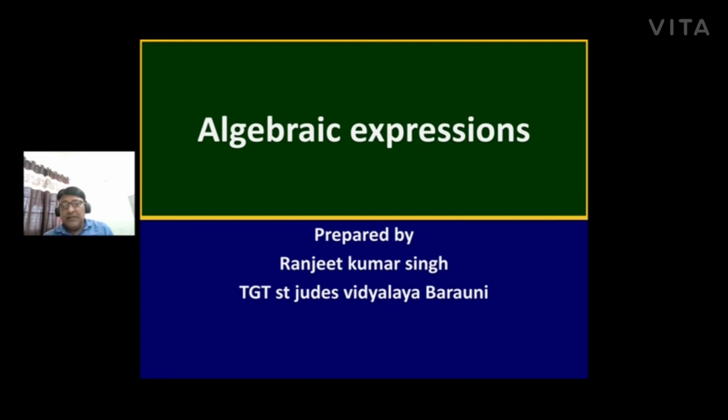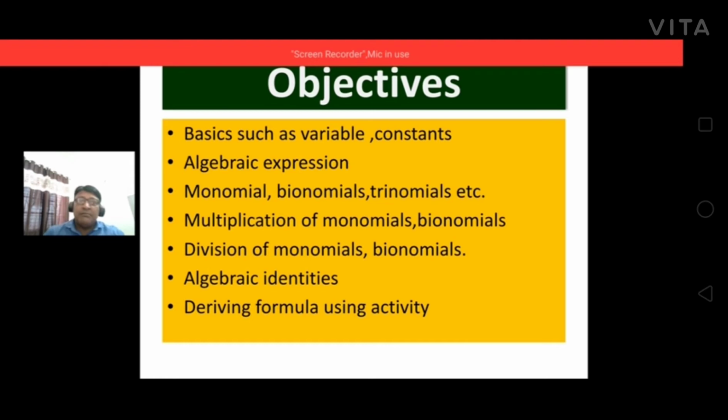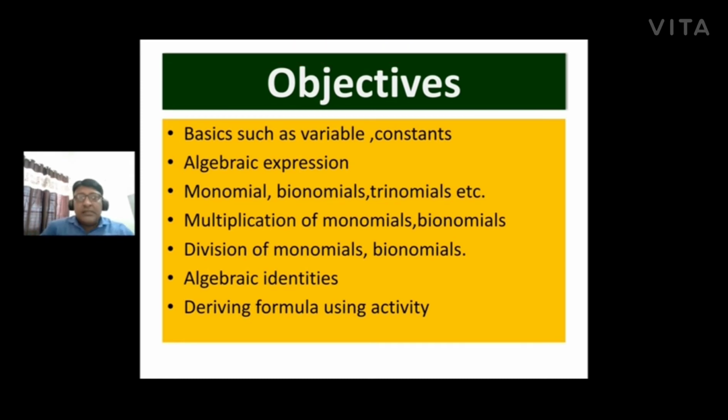I myself, Ranjeet Kumar Singh, and today in this session, I will be discussing the algebraic expression. The main objective of this chapter is to discuss the basics such as variables and constants. I will also be discussing what an algebraic expression is, and monomials, binomials, trinomials, and the multiplication of monomials by binomials.